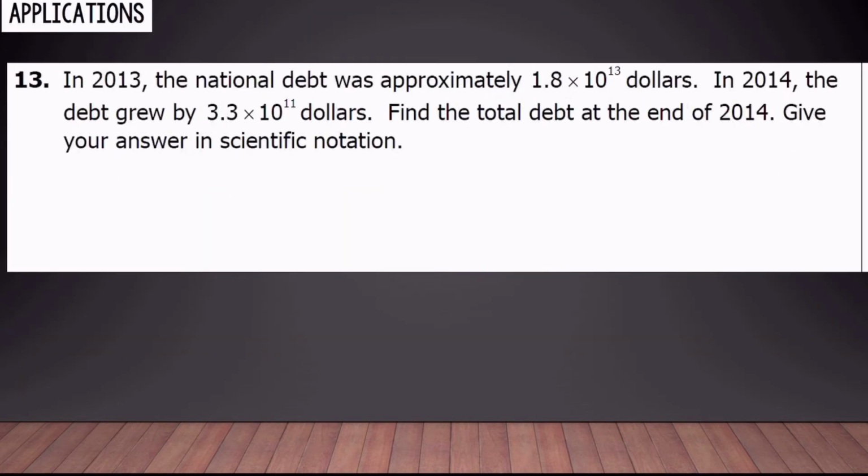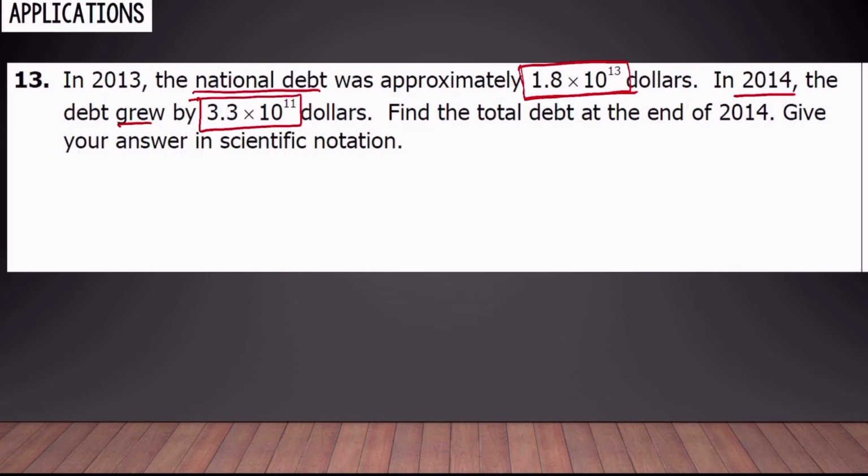Okay, so here's what I want to take a look at, how this is going to come into play more so. In 2013, the national debt was approximately 1.8 times 10 to the 13th power. That's a large number. That's a lot of zeros. But in 2014, it grew by this much. So that's still a lot.